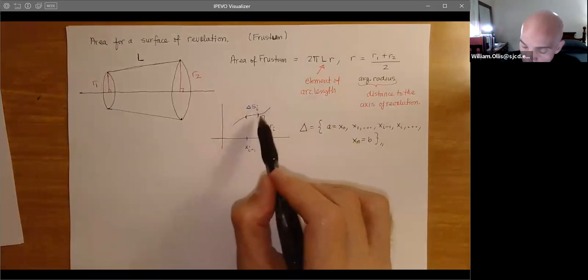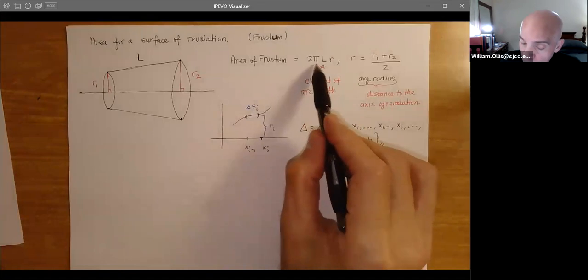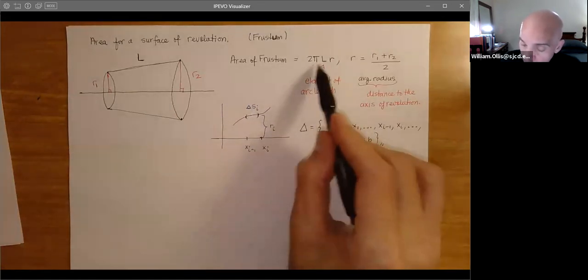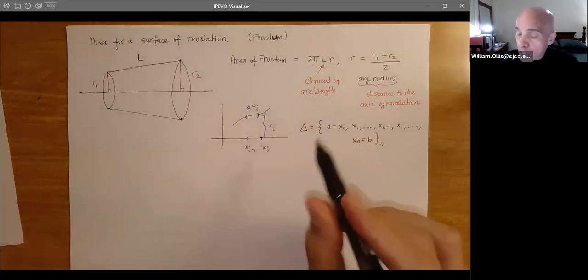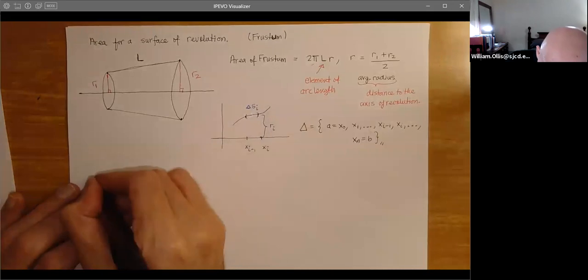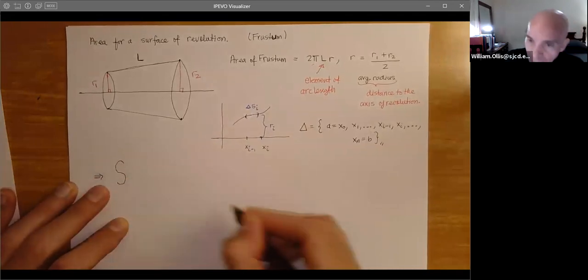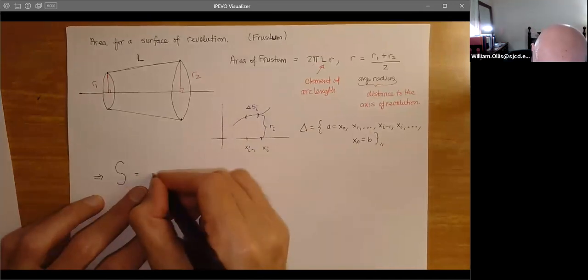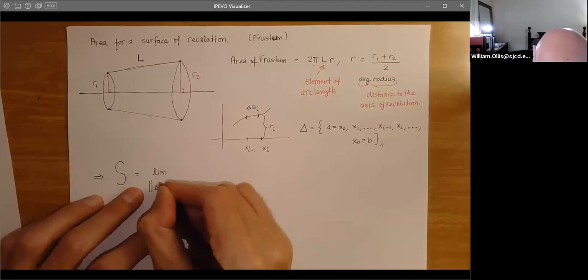So we take the product of 2 pi, the distance to the axis of revolution, and the element of arc length, the slant height, and do it for each subinterval. This implies that the area, with uppercase S, will be the limit as the norm goes to 0.